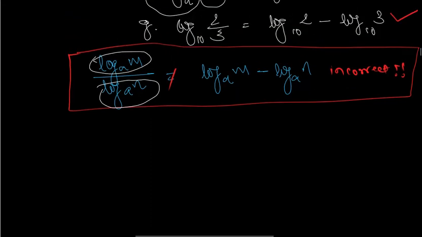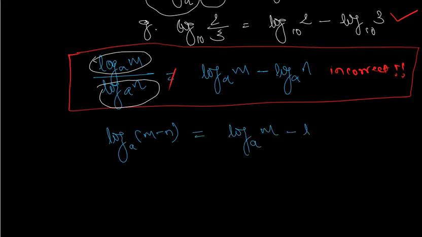Suppose somebody says that I've got, let's say, log of m minus n, difference of two numbers, to the base a, right? Can it become log of m to the base a minus log of n to the base a? Can it become like this?